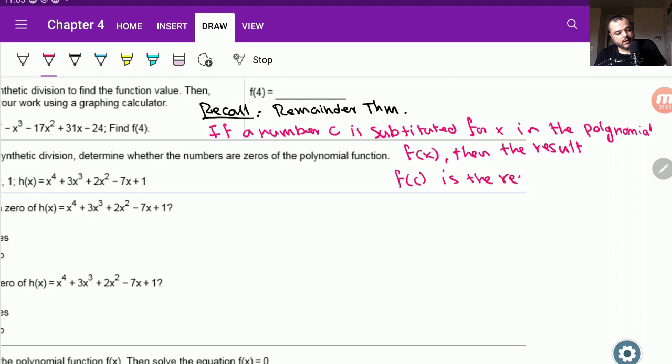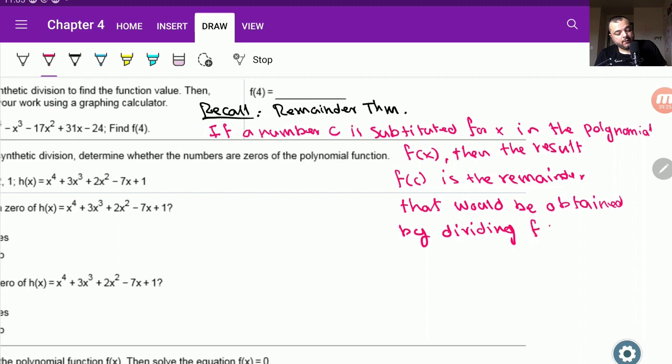The remainder of what? That would be obtained by dividing f of x by x minus this number C.